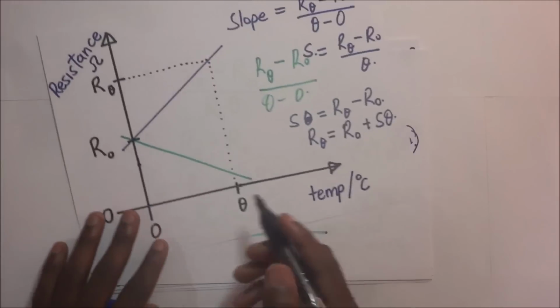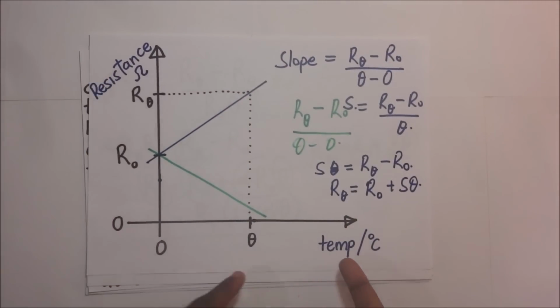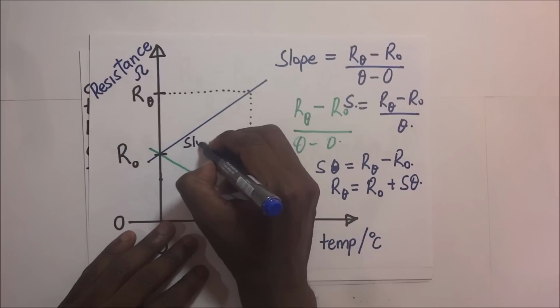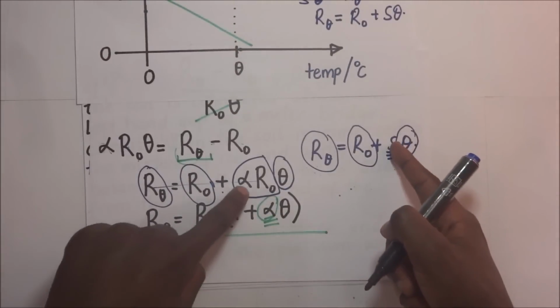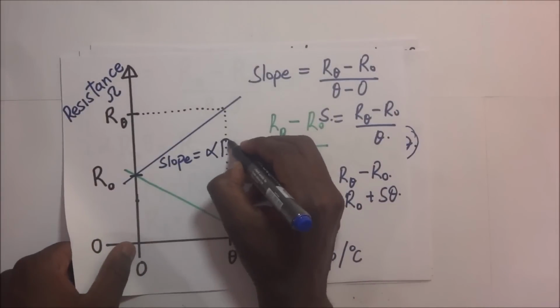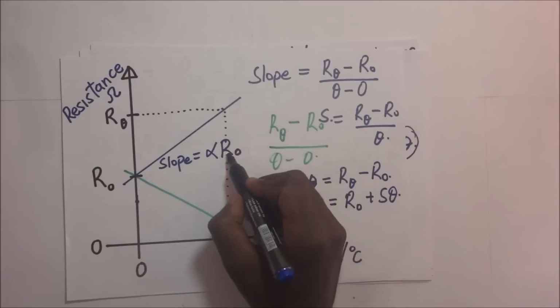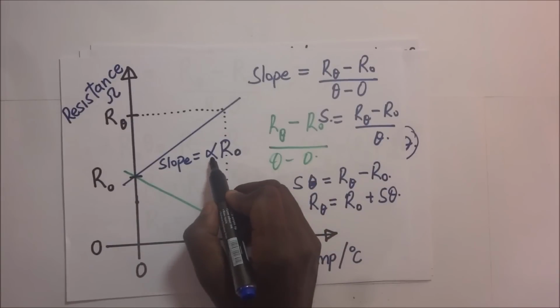So when you're plotting a graph of resistance against temperature, the slope you get here is equivalent to alpha times r naught, where r naught is the resistance at 0 degrees Celsius and alpha is the temperature coefficient of resistance.